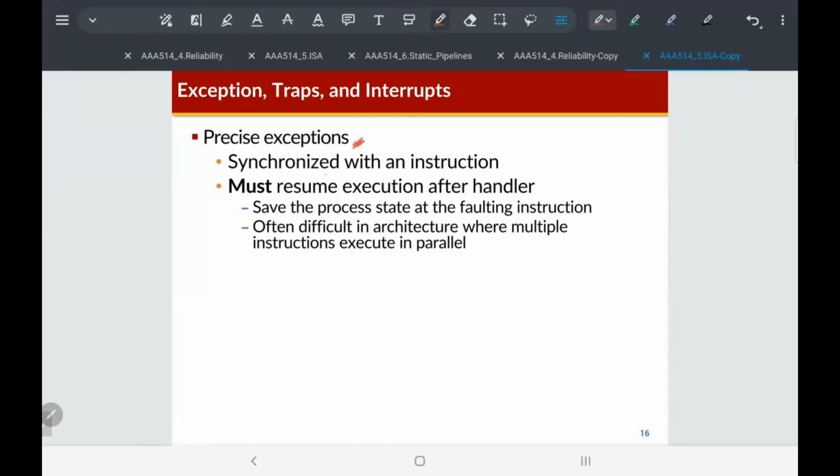So it's synchronized with an instruction. Hardware needs to specify which instruction causes the exception, and the instructions should be handled in instruction order, not temporal order. Then the hardware must resume execution of the handler. Okay, that's a precise exception.